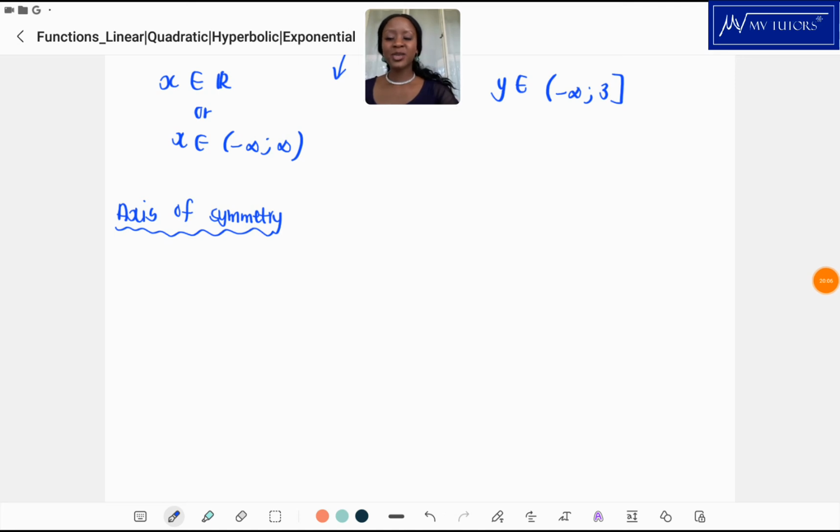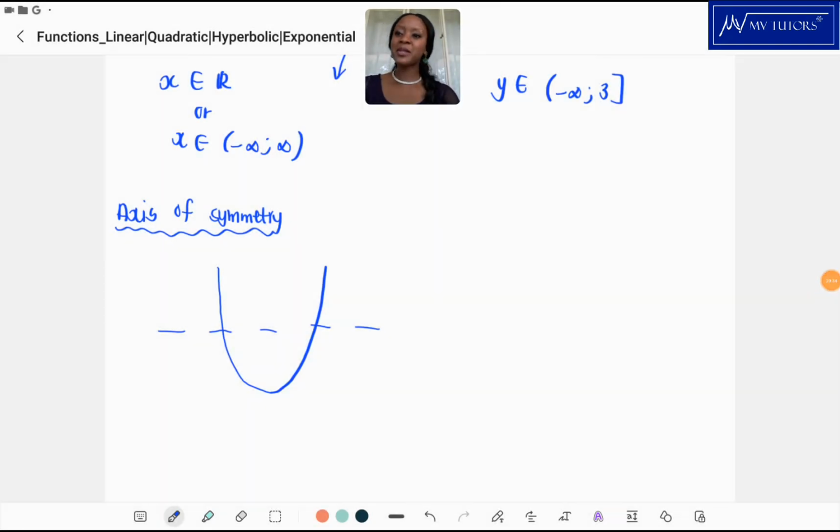Okay, so now we get to the axis of symmetry. When you have a parabola, the axis of symmetry is what would cut your function in half, such that if you were to paste the two halves together, they would fall exactly on one another. I can't say my axis of symmetry is here.